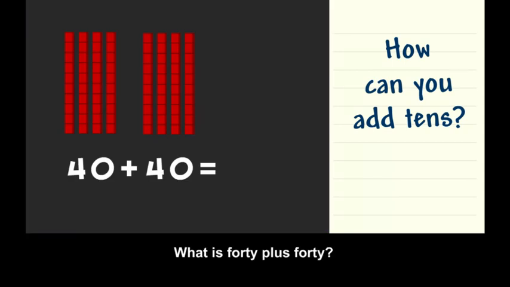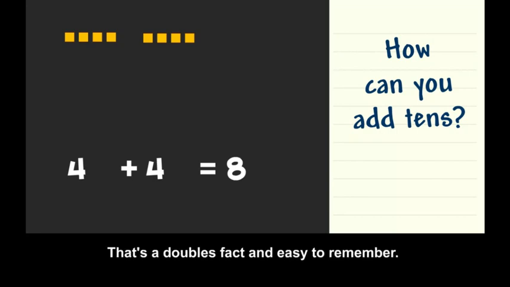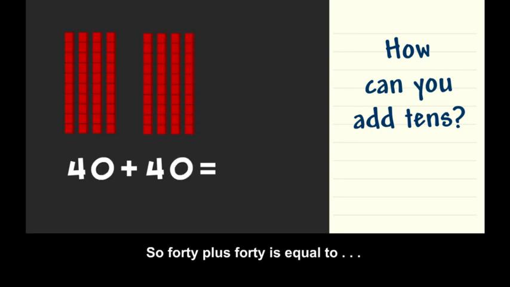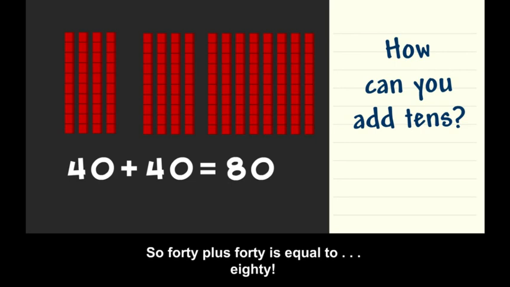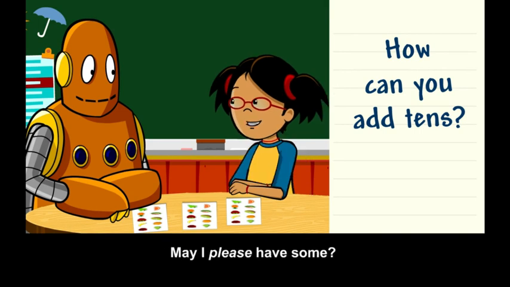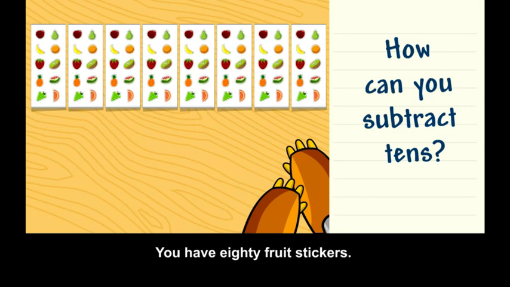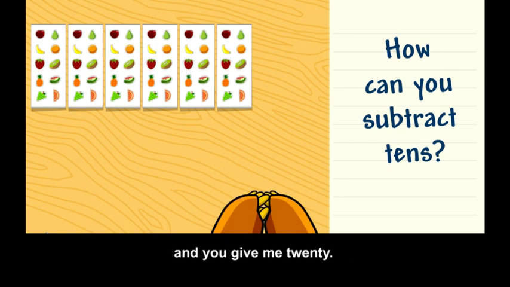What is 40 plus 40? I know that 4 plus 4 is equal to 8. That's a doubles fact and easy to remember. So 40 plus 40 is equal to 80. These are cool stickers, Moby. May I please have some? How can you subtract tens? You have 80 fruit stickers. And you give me 20.